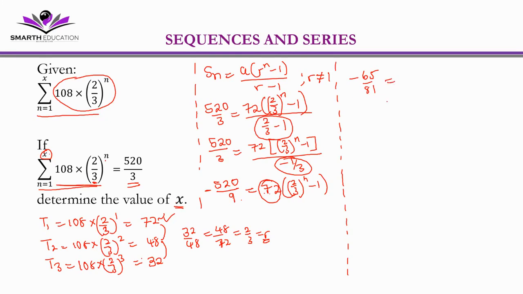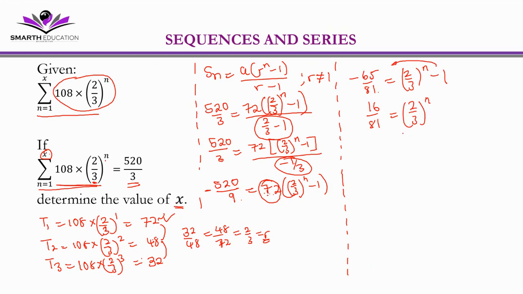On the right hand side we remain with 2 over 3 to the power n minus 1. Then we add 1 both sides, or we transpose, and it becomes plus 1. Negative 65 over 81 plus 1 gives 16 over 81, which is equal to 2 over 3 to the power n.